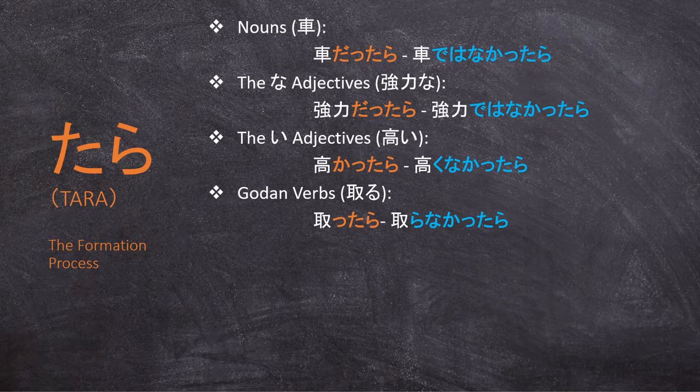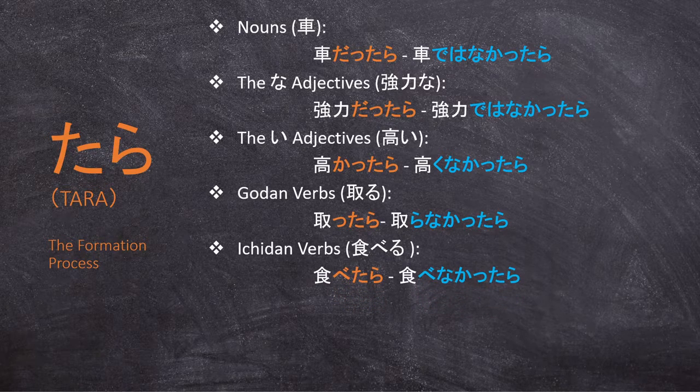But you will need to practice this in order to get it and to become fluent in it. In my opinion, ichidan verbs are a little bit easier because the verb taberu, meaning to eat, becomes tabetara in the case of the positive condition and tabenakattara in the case of the negative condition.